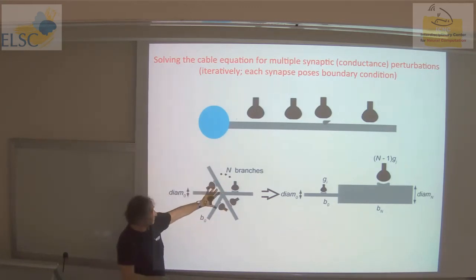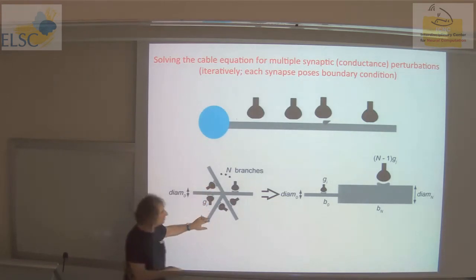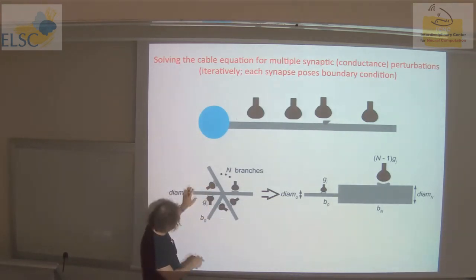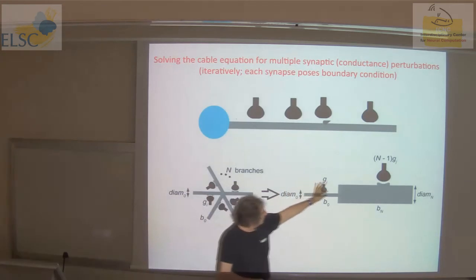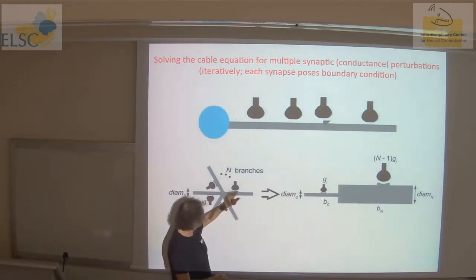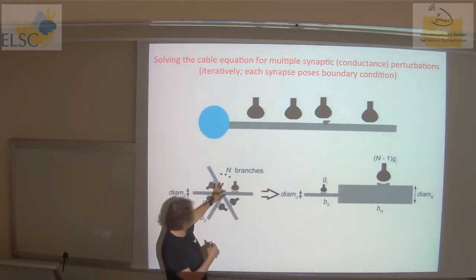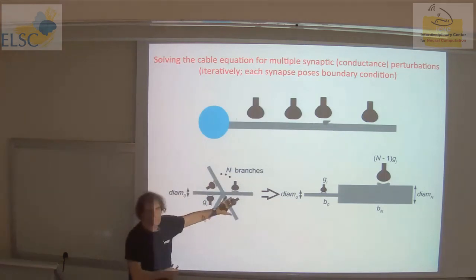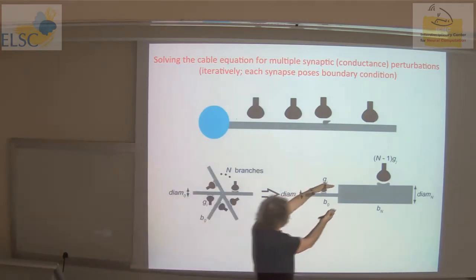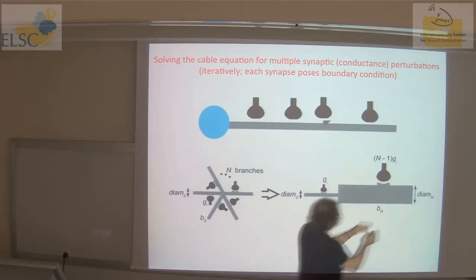We can show analytically that it's equivalent. This case is hard to solve analytically because you have many perturbation points for the cable equation, but you can show mathematically that this case is equivalent to a single synapse sitting on a single original branch, and all other n synapses are sitting on what is called the equivalent cylinder of all the rest.